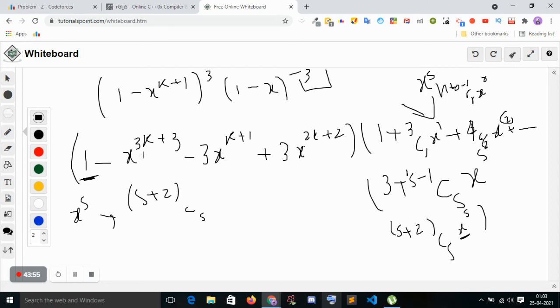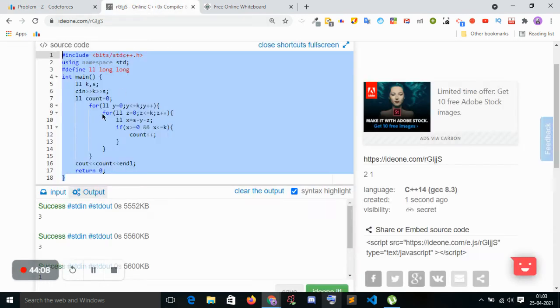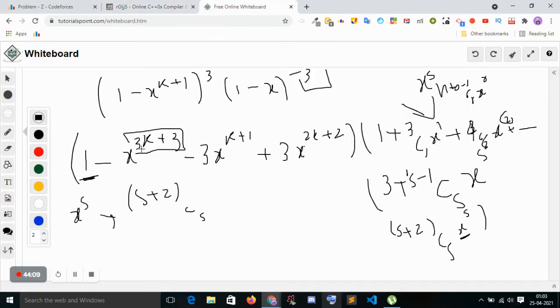Here it mentioned 3k plus 3, but the question says the limit of s is 3k, and this is more than 3k, so definitely it is discarded, because we can't get a power of s more than 3k after multiplying with any variable. So I will not use this one.